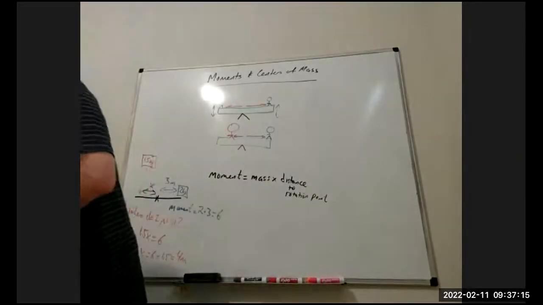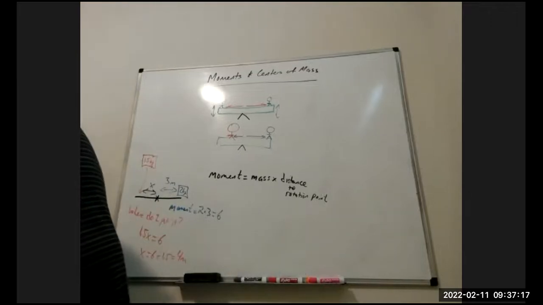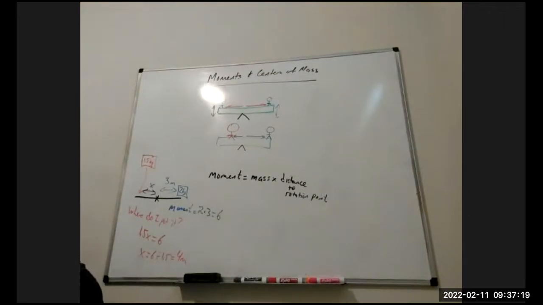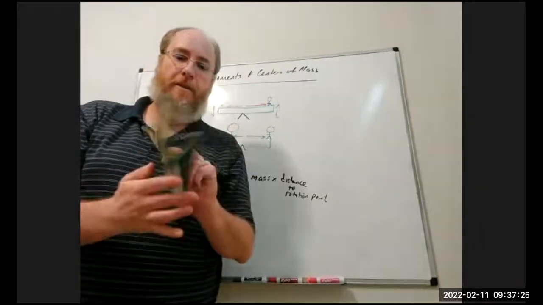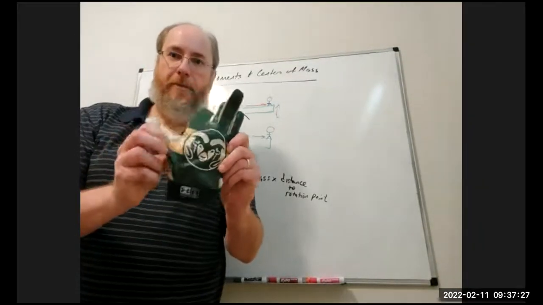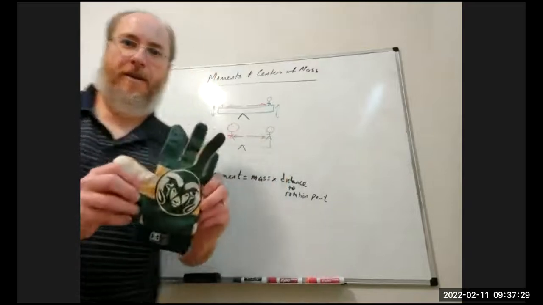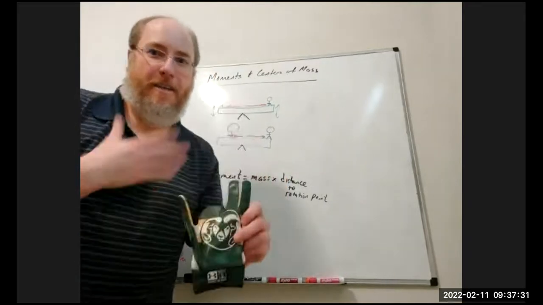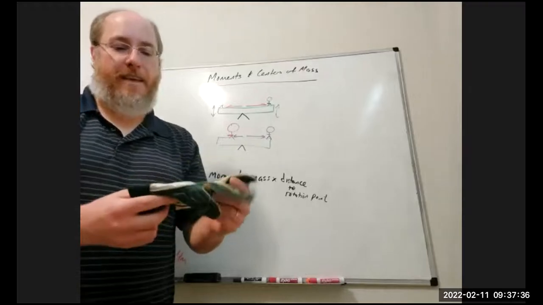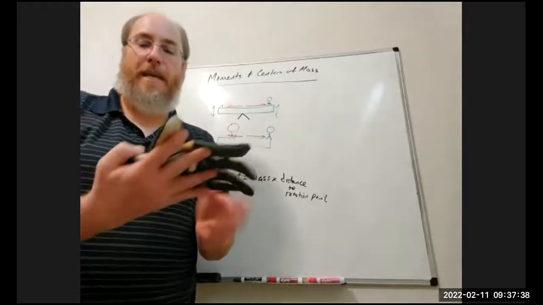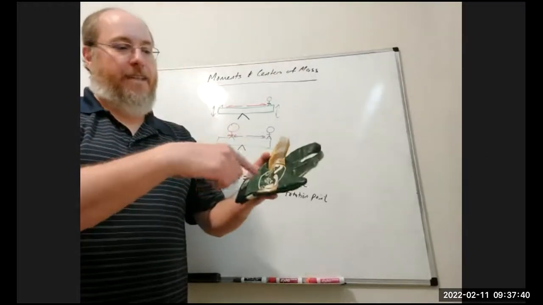But if I have a different shape, this is a little bit floppy, but maybe we can, all right, so here's a glove, right? So go CSU, Colorado State University, one of my alma maters. All right, so I want to find the center of mass of this. It may not actually be dead center, right?